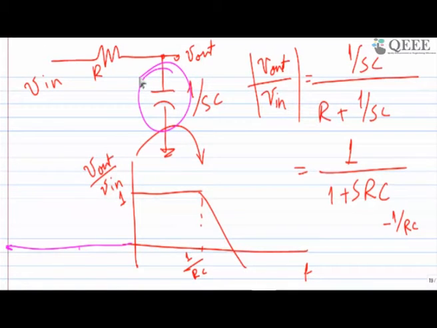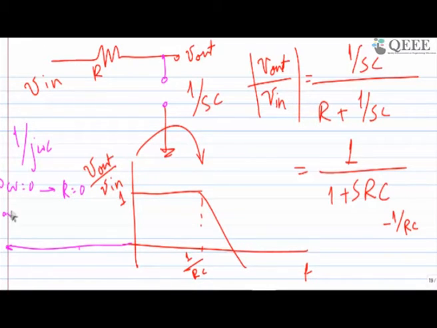But the capacitor is blocking DC, while allowing high frequency. Intuitively, what is happening at low frequency? The impedance is 1 by j omega C, and at omega equal to 0 the impedance is infinity, and at infinite frequency the impedance is 0.